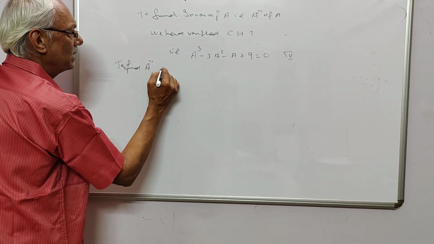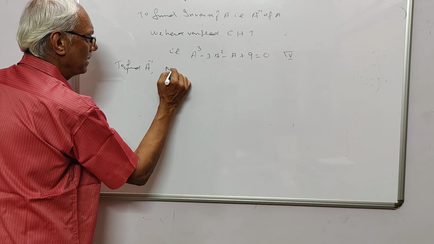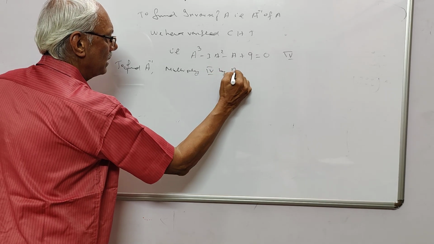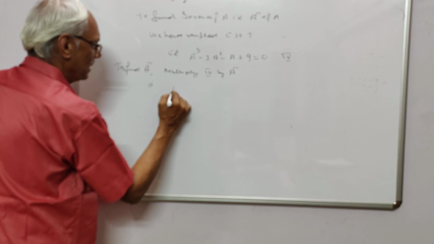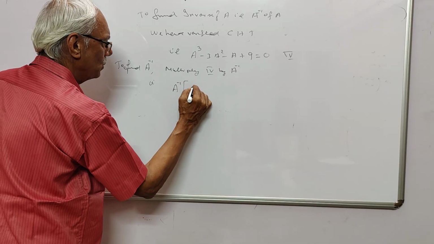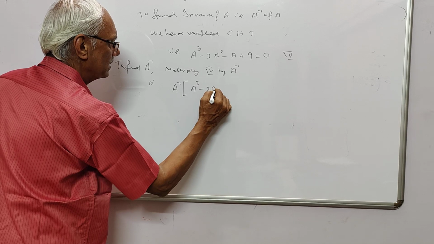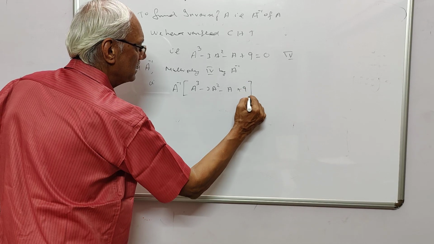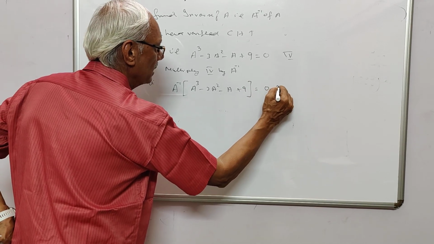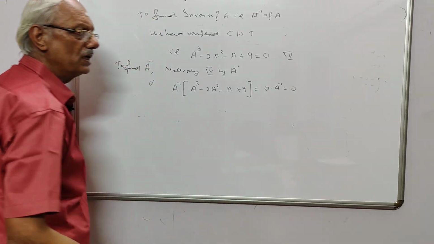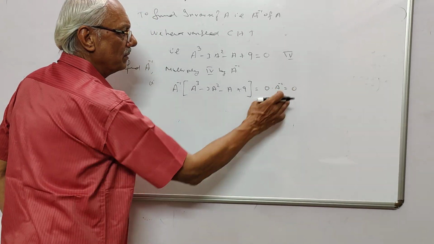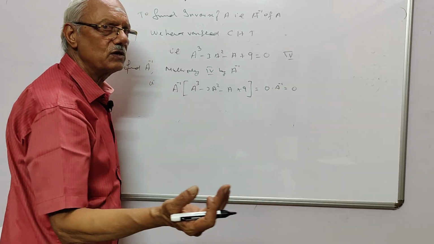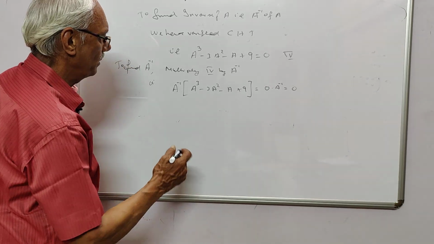To find a minus 1, multiply 4 by a minus 1, that is a minus 1 into a cubed minus 3a squared minus a plus 9 is equal to 0 into a minus 1, that is equal to 0, because 0 into anything is 0. So this is a 0 matrix because you are going to multiply this 0 with all the elements of a minus 1, that will result only in a 0 matrix. So don't worry about that.